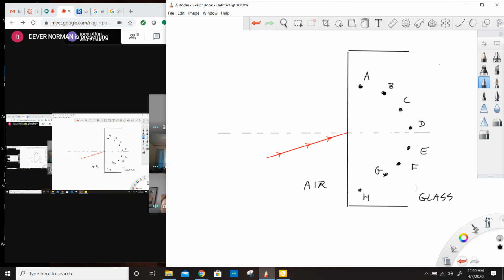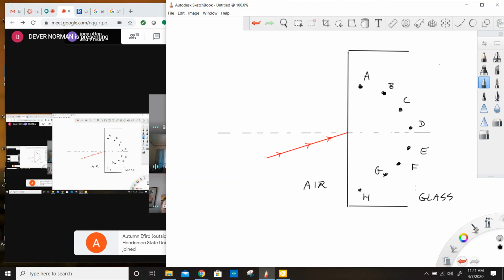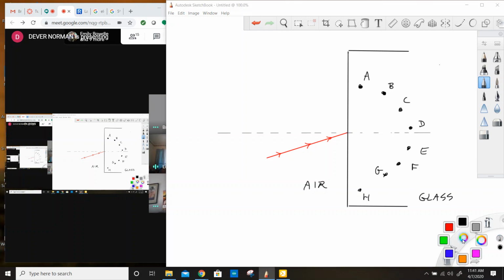Wouldn't it be D? It has to be closer to the normal line. Why is that? Because in your video you said as it goes out, it's the same thing, because air is less dense and in the glass it's more dense, so it would get closer to the dotted line.